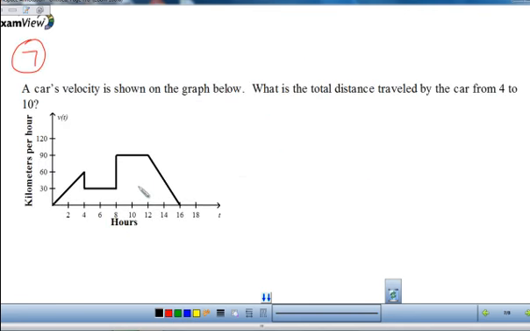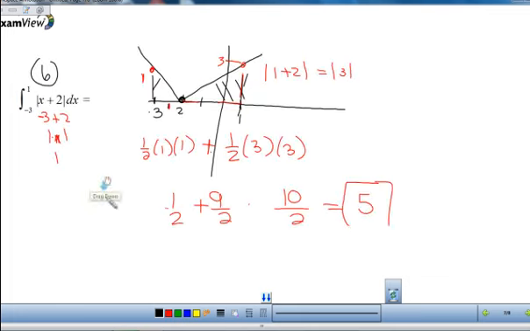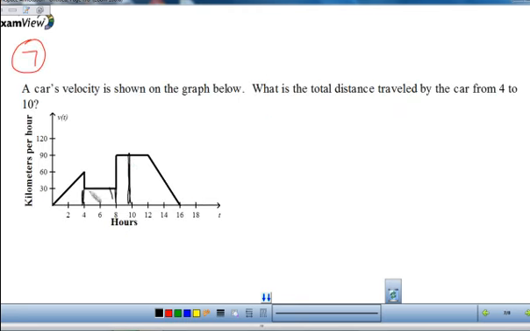So we're trying to find the total distance traveled by the car from 4 to 10. So I'm going to cut this up into two rectangles. Okay, here's one, here's the other.